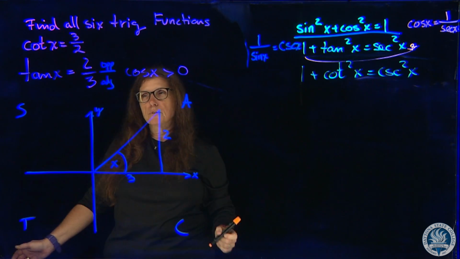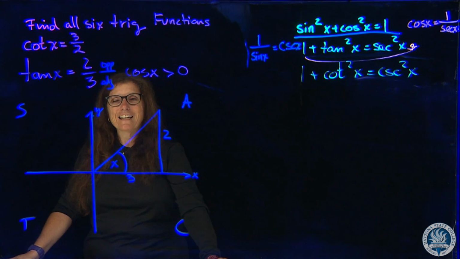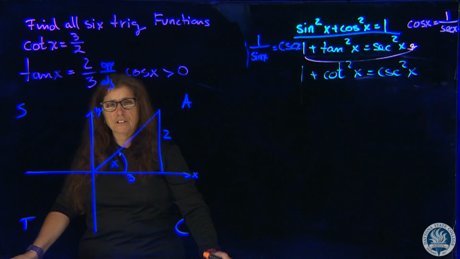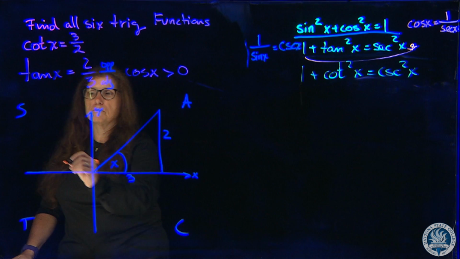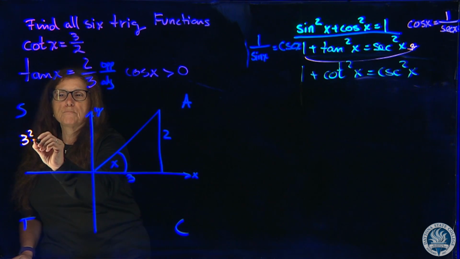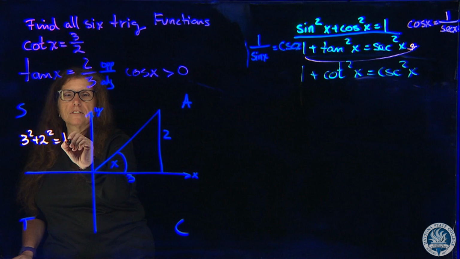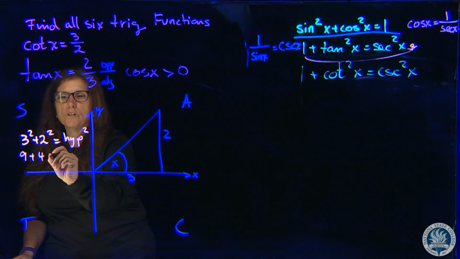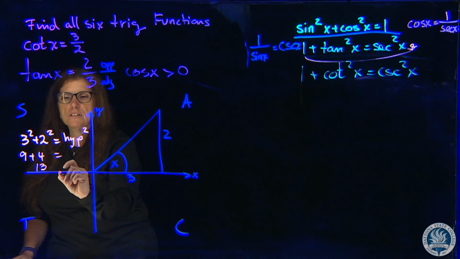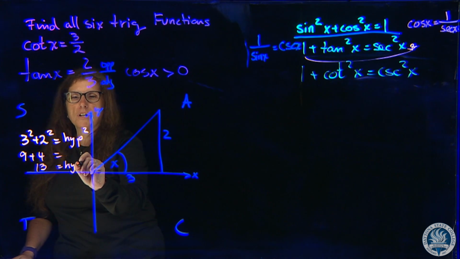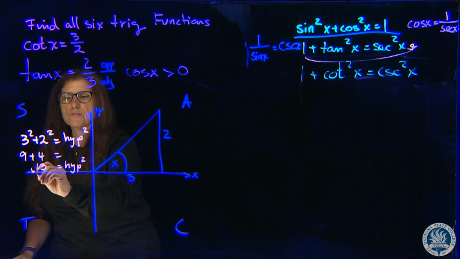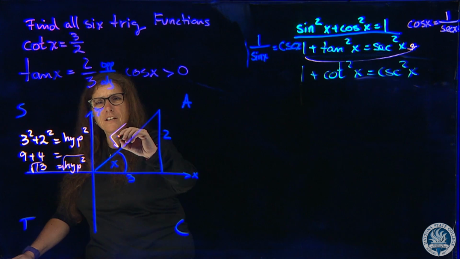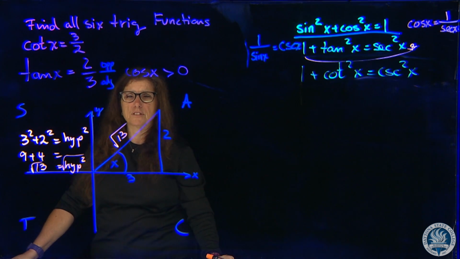We have to do a little work in order to find the cosine and the sine by finding the hypotenuse using the Pythagorean theorem. 3 squared plus 2 squared equals the hypotenuse squared. 9 plus 4 is 13. That's the hypotenuse squared. If we take the square root, we have the hypotenuse is the square root of 13.